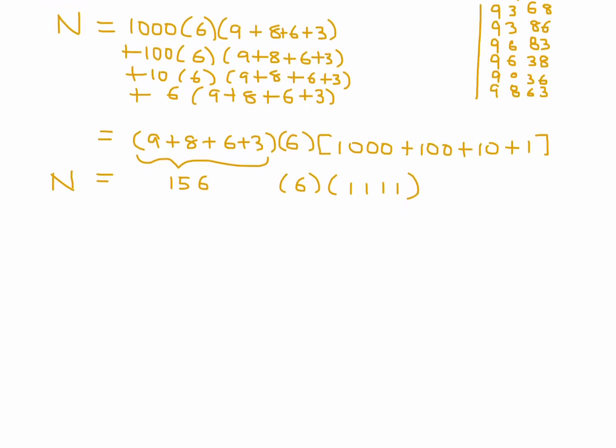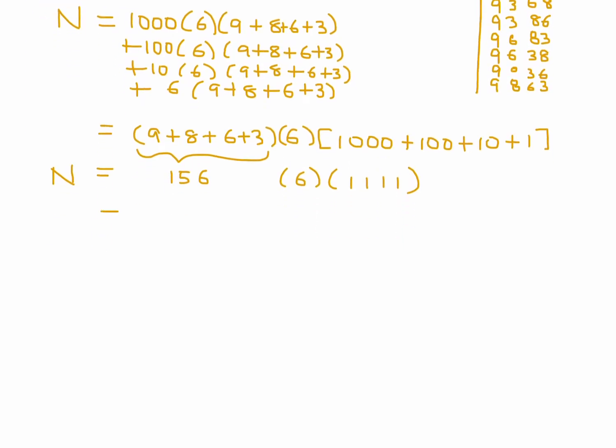Well, let's explain that in this first. What are the prime factors here? Well, 156, I believe, breaks down into 2 squared times 3 times 13. Six is just 2 times 3. And then 1111 is 11 times 101.